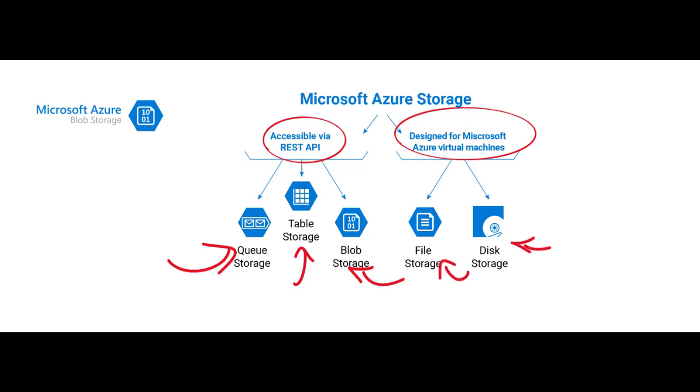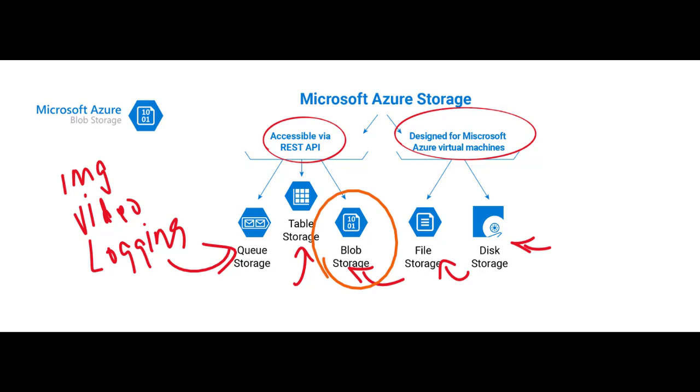Well, if I'm just going to be responsible for provisioning images, for example, and video, for example, and maybe I'm responsible for vast amounts of logs that I will be storing on my particular storage device, I really want blob storage for that purpose.